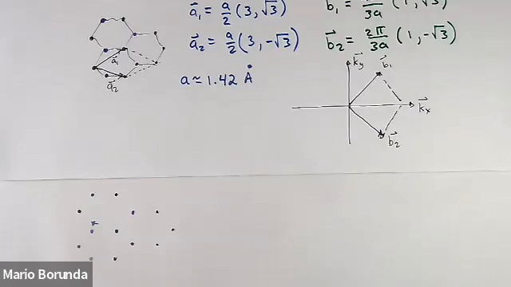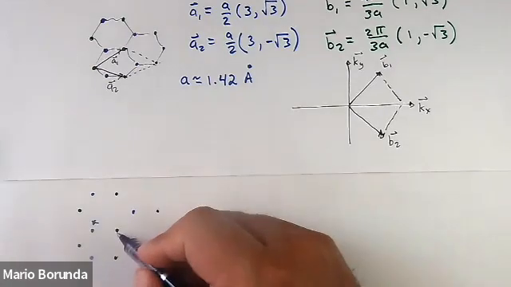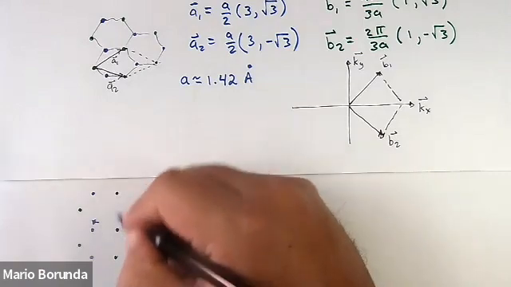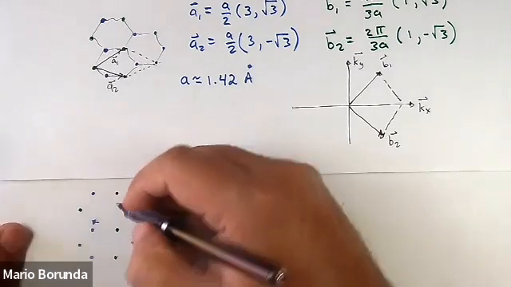Like the green ones. So we built the Wigner-Seitz cell. What we did is, let's say I took this guy as my center point, and between this point and this point, there's a halfway point. I draw a line through that halfway point.